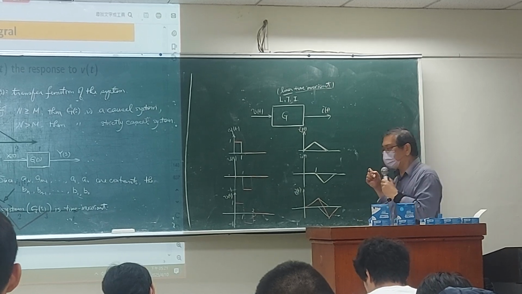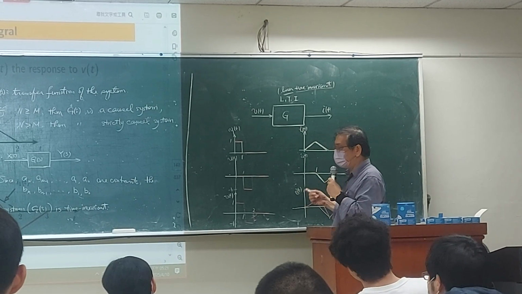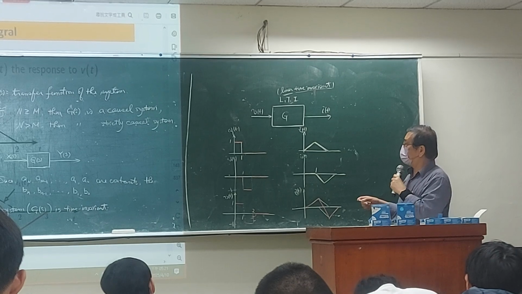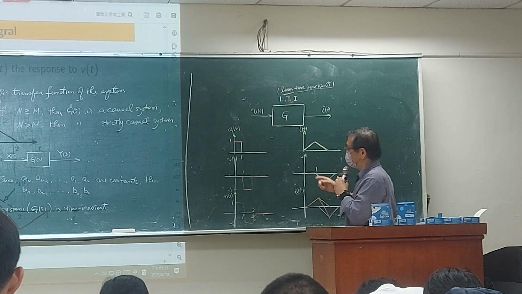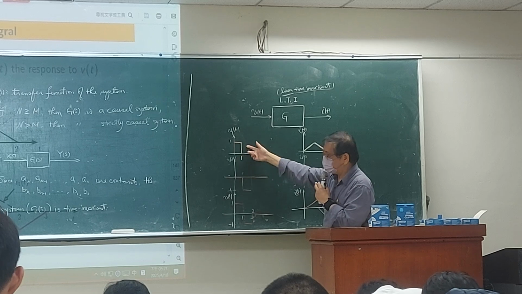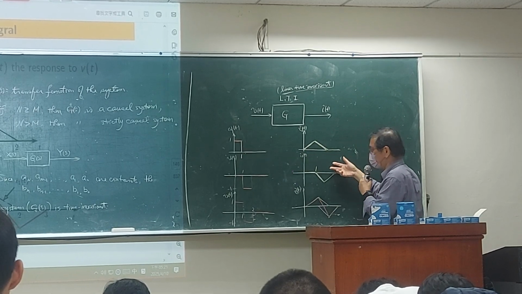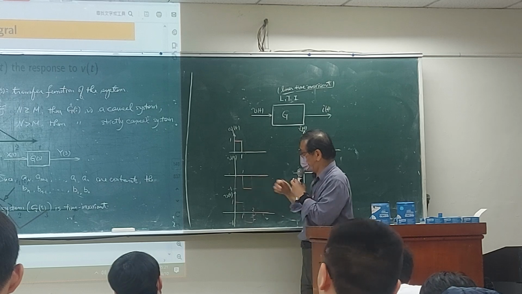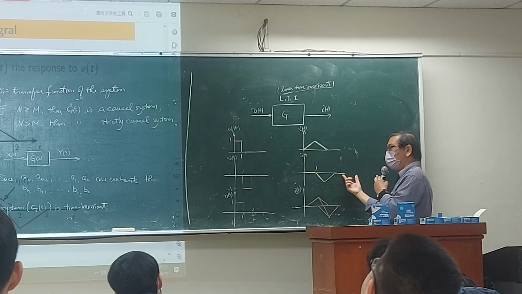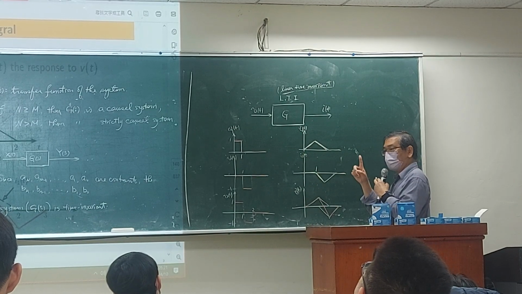Now this is a very simple example, but it tells us a very important concept. Because we are dealing with a linear system, if I change the sign of the input, I change the sign of the output as well. If I delay the signal by 1 second, then the output will also be delayed by 1 second.